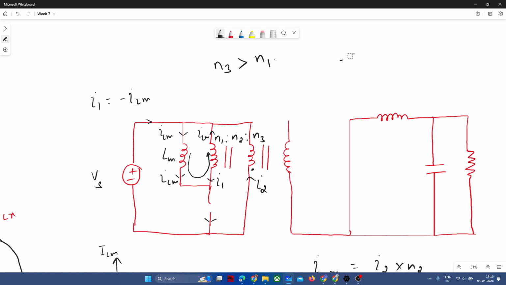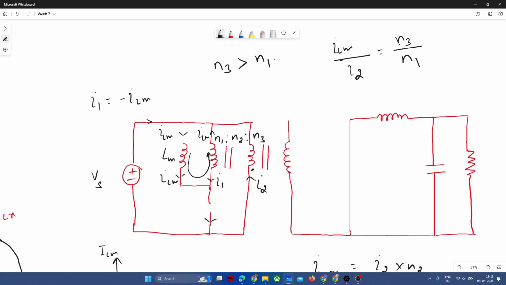So by considering only the first condition, when N3 is greater than N1, now if you derive the relationship between ILm and I2 during the off condition, what is the ratio of this ILm by I2? N3 by N1, right? So if I2 has a certain magnitude, then ILm will have an increased value.